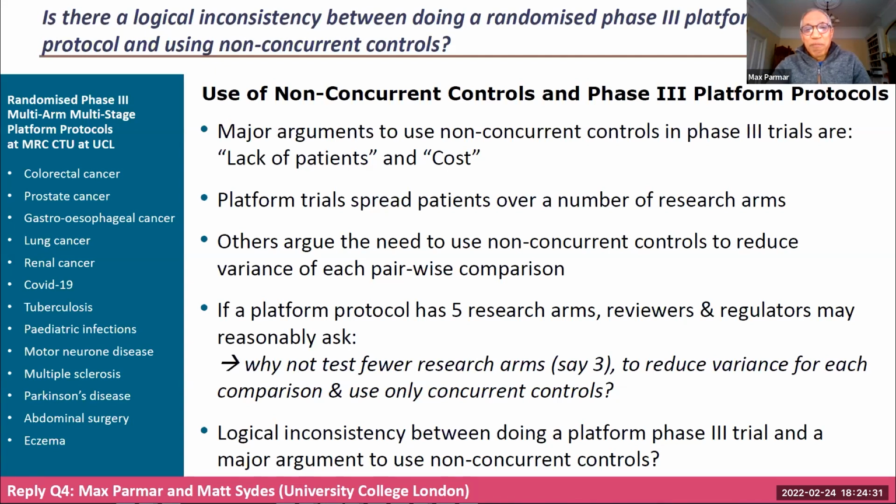The problem that we've hit is that if a platform protocol has 5 concurrent research arms, let's say, quite reasonably, our reviewers, both on funding committees and when we approach the regulators, ask, if your proposal is to use non-concurrent controls, why not test fewer research arms, use concurrent controls, get an unbiased result, and reduce the variance for each comparison in that way?